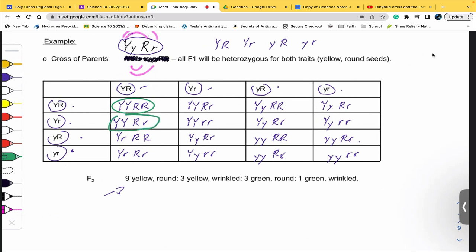That's yellow round. This is yellow round. Anytime you have a big Y and a big R, it's yellow round. And that's yellow round. Big Y, big R, yellow round.